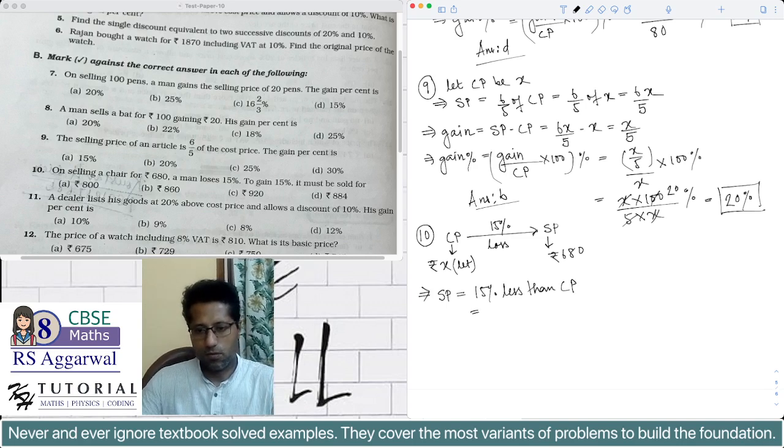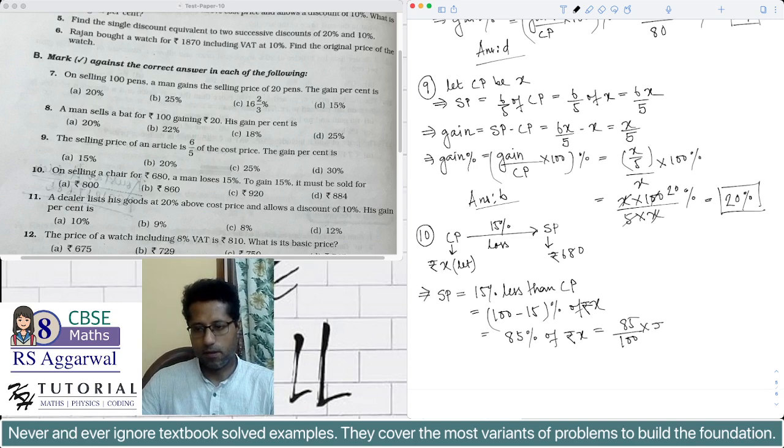This is equal to 15% less means 100 minus 15% of CP. CP we have assumed to be rupees X. This is equal to 85% of rupees X. This is equal to 85 by 100 multiplied by rupees X.